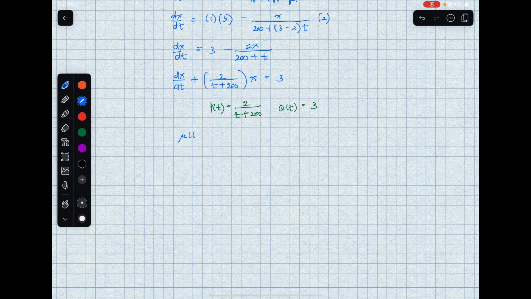Our mu of t then will be e raised to the integral of 2 over t plus 200 dt, which is e raised to 2 ln of t plus 200, or e raised to ln of t plus 200 squared, or simply t plus 200 squared.